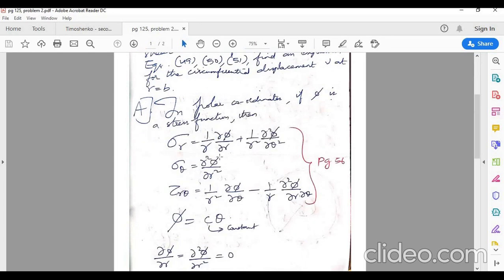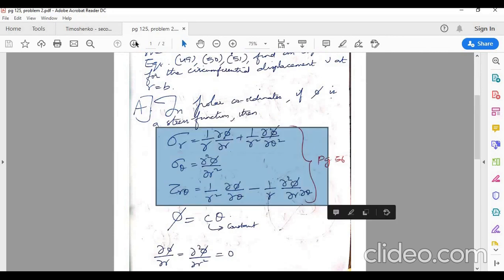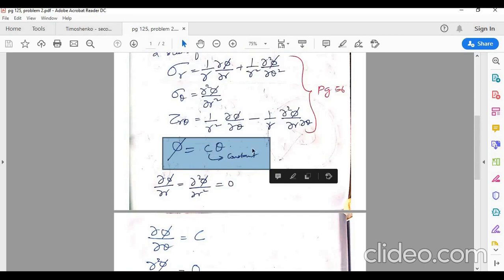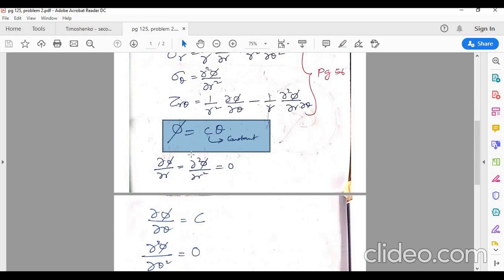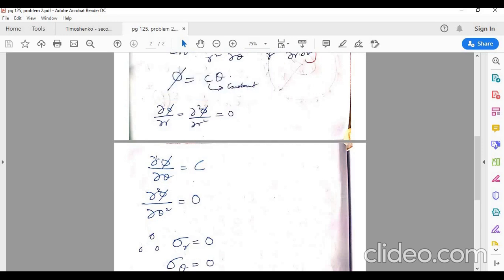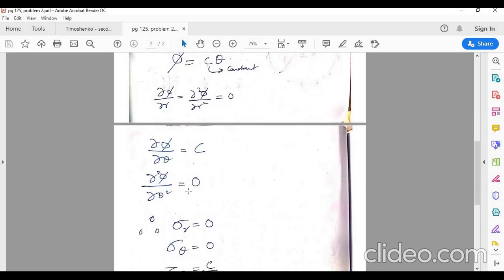I have my handwritten notes here. Here you have a very simple stress function, a constant multiplied by theta. So you can pull out the individual terms. Del phi by del r and del square phi by del r square are 0, since it is independent of r. Del phi by del theta is c, and the second derivative is 0.